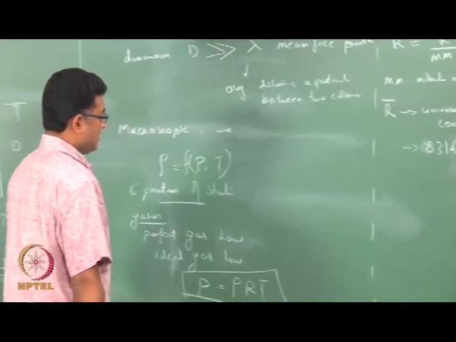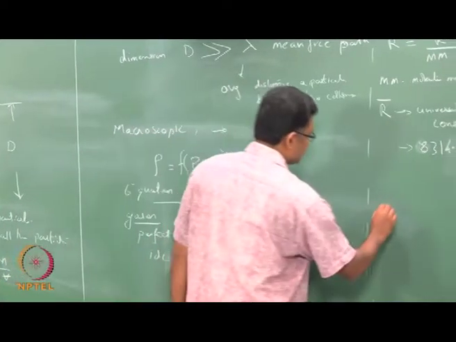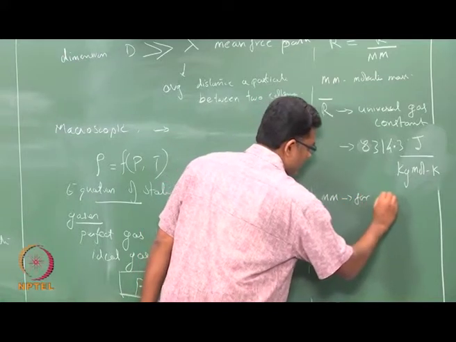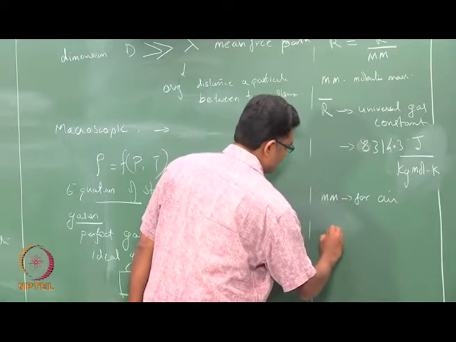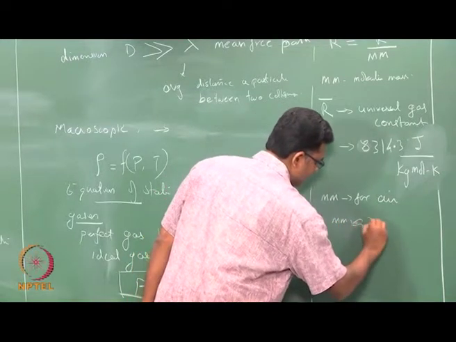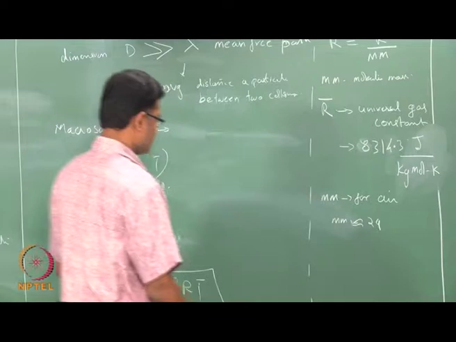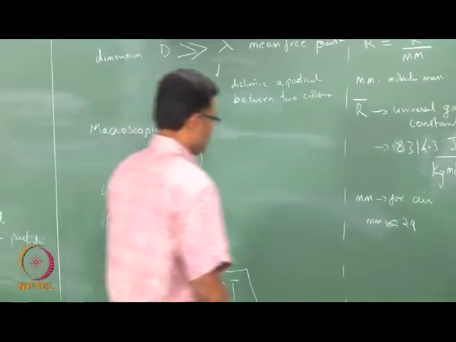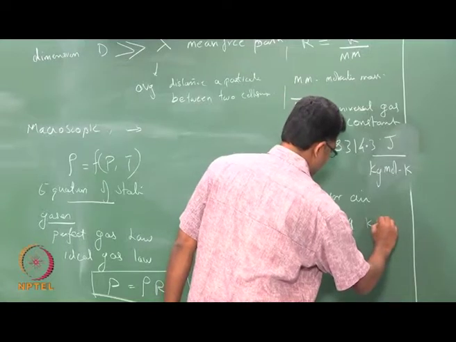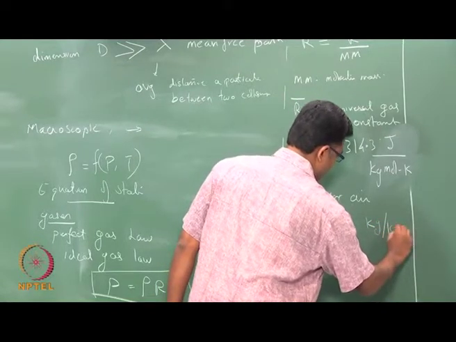An example for air: the molecular mass is approximately 29 kilogram per kilogram mole.